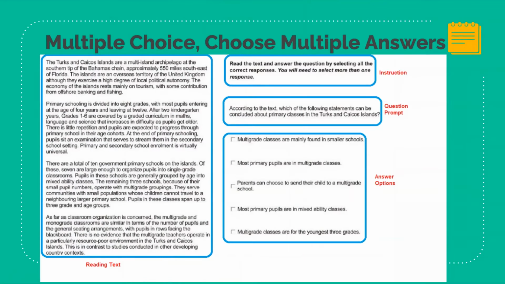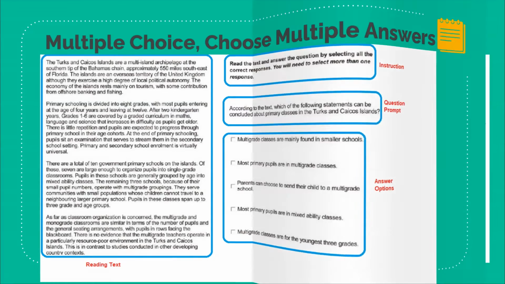Next, for multiple choice, choose multiple answers, you also get an instruction which specifies that more than one answer option is correct. Then you have a reading passage on the left side and a question prompt as well as answer options, which are shown as check boxes, which means that you can select more than one response.